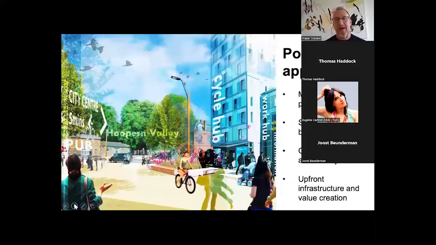To complement that, the City Council has adopted an approach to think about its sites as a portfolio of sites. Traditionally in the city, every single site gets cherry picked. They get isolated by a developer and then developed on their own terms as a development proposition, but they're not necessarily developed to benefit the wider city.